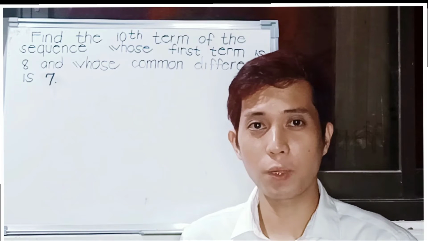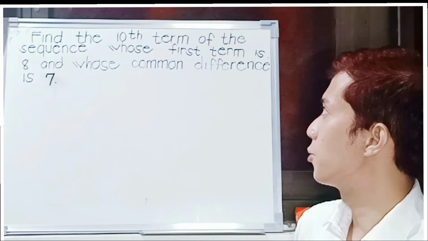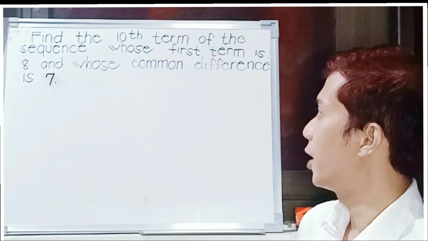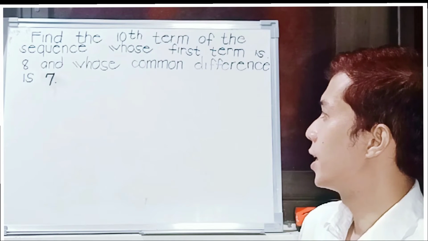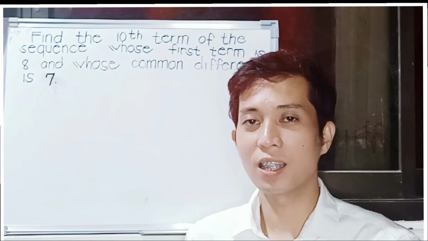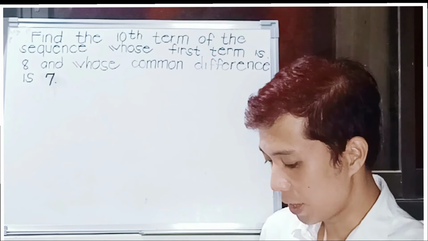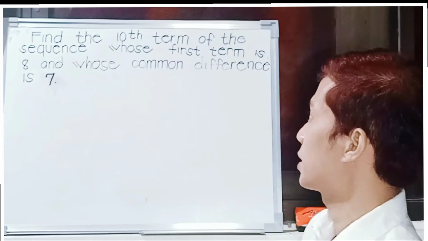Our last problem is find the 10th term of the sequence whose first term is 8 and whose common difference is 7. In this problem, it is already indicated the first term and the common difference. So let us underline these two numbers that we need.